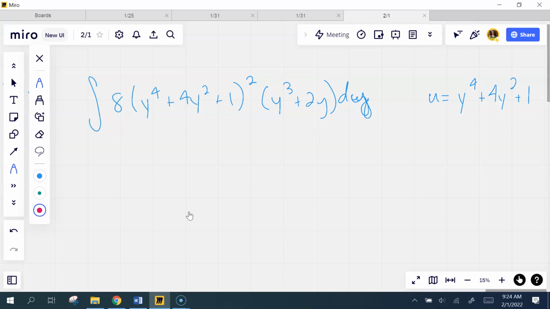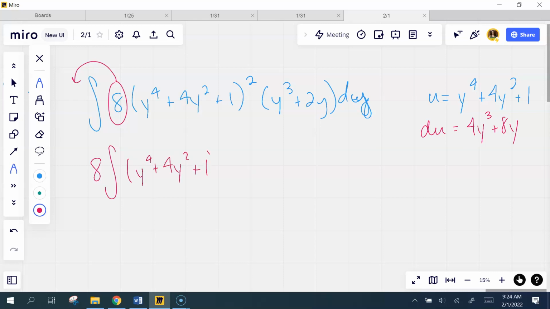Okay, what is du? 4y cubed plus 8. All right, and we're going to take this step by step so everybody sees what's going on. I'm going to move this 8 to the front to start with, right? So I've got 8 times the integral of, and if you don't have to write this step, that's fine.